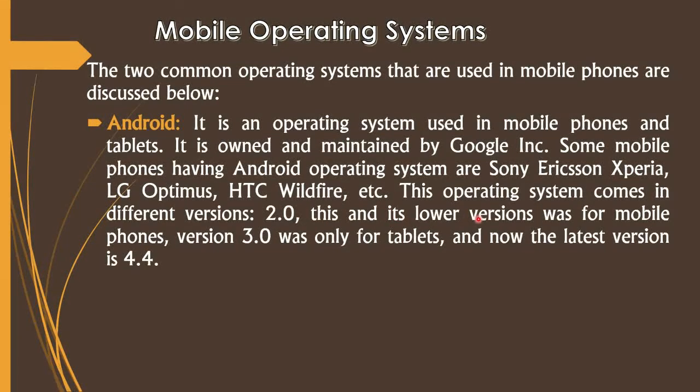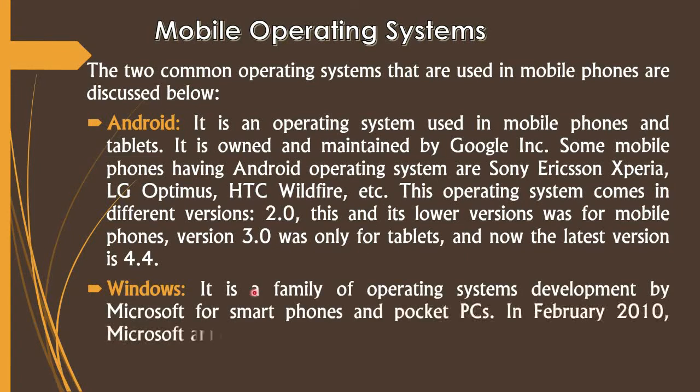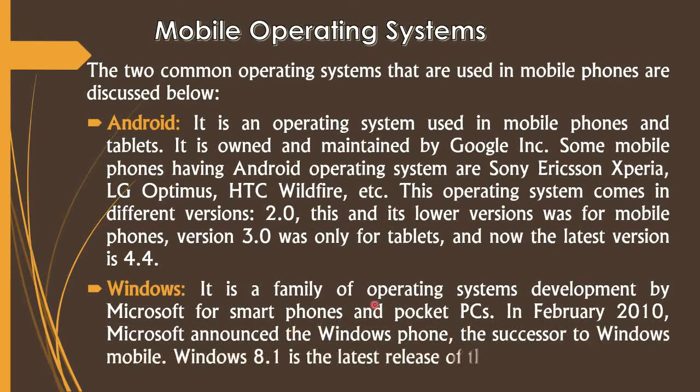Android. This operating system comes in different versions, many versions. Here 2.0, 3.0, nowadays 8.1, 10, 11. Android 11 is also there. So after Android, Windows also launched a mobile operating system. It is a family of operating systems developed by whom? Microsoft, for smartphones and pocket PCs, in February 2010.